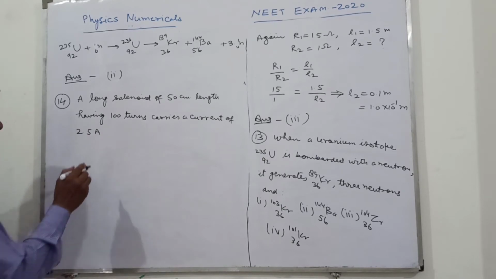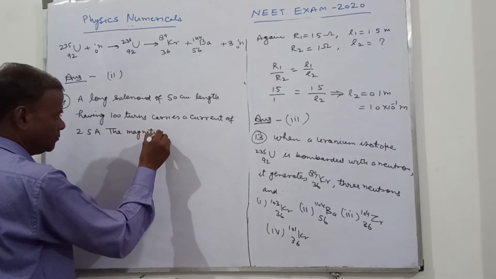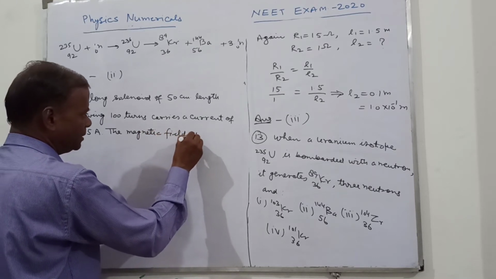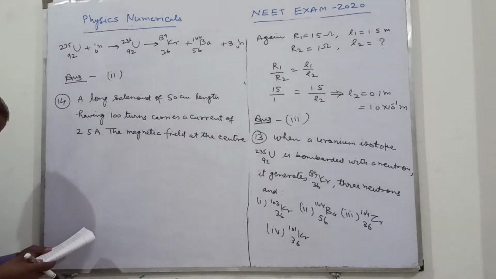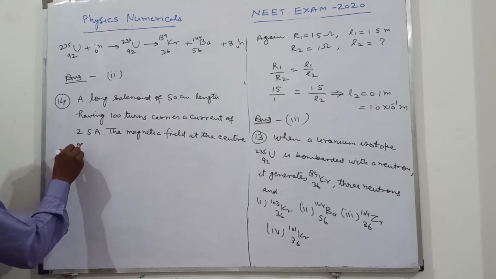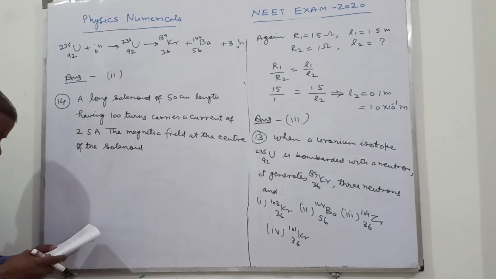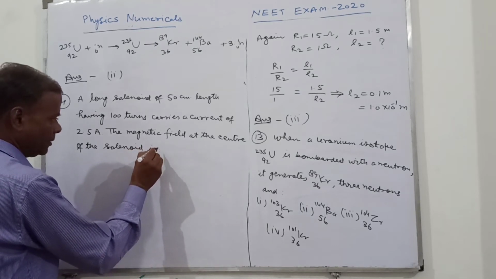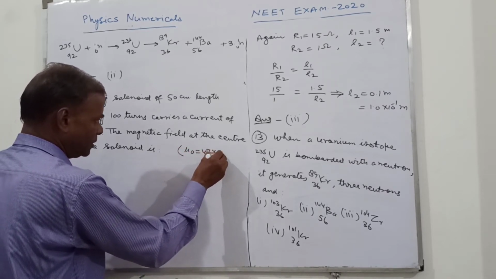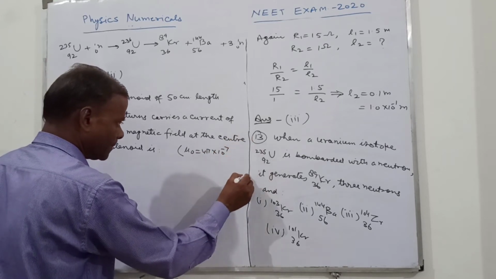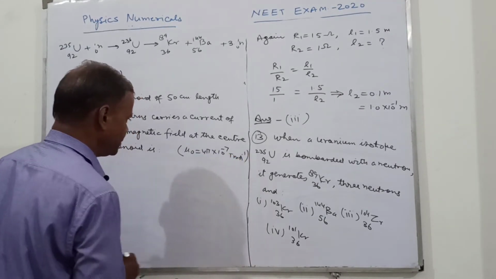The magnetic field at the center of the solenoid is... Now there are options, and you are given mu naught equal to 4 pi into 10 raised to the power minus 7 Tesla meter per ampere. This is given to us.